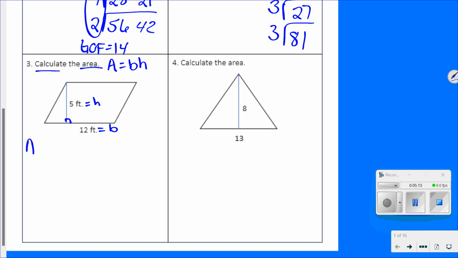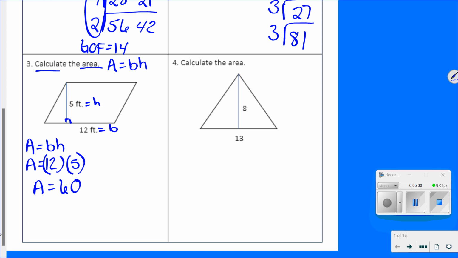So now we're going to write a formula. Area equals base times height. And now we're going to plug in our numbers. So base is 12 feet, and it's going to be multiplied by our height of 5 feet. 12 times 5 is? So our area is 60 what?